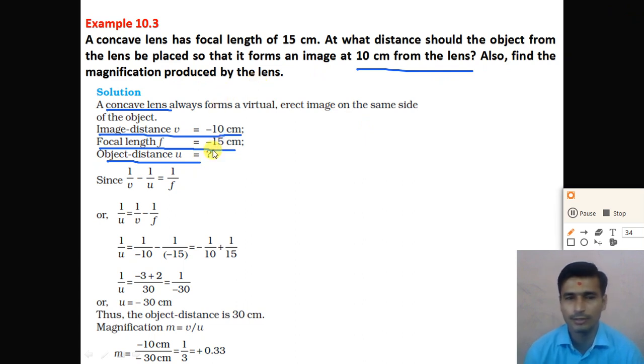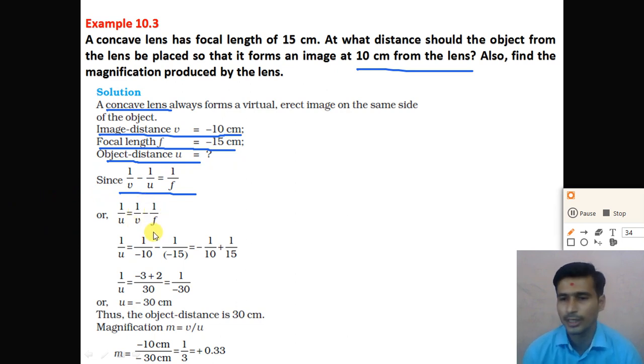So according to the lens formula, we know that 1 by v minus 1 by u is equal to 1 by f. So dear student, from the lens formula, if we want to find the object distance u, we make 1 by u is equal to 1 by v minus 1 by f.